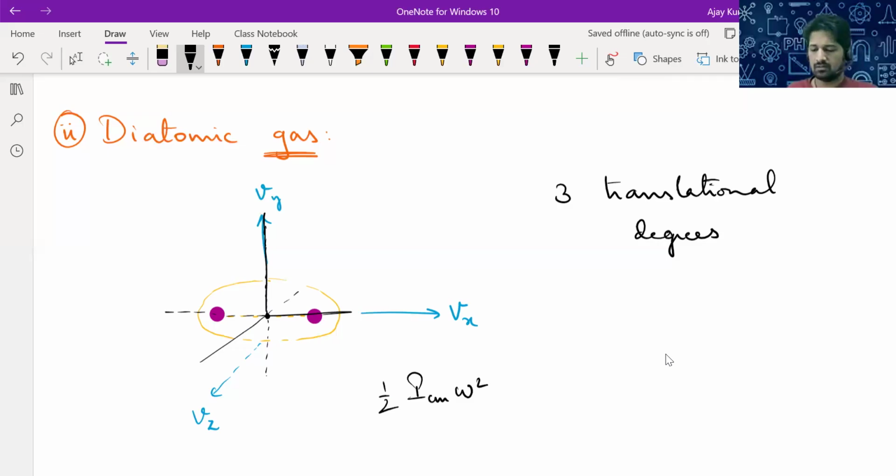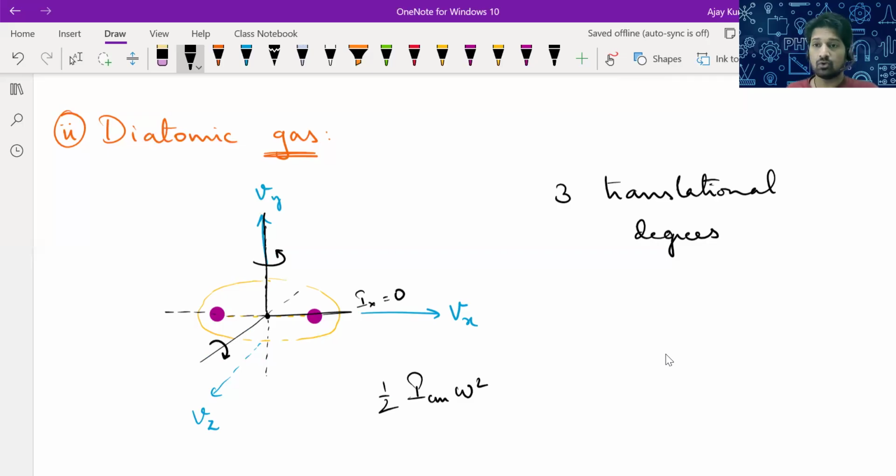You can see that x-axis is the axis on which these two particles are lying. So about x-axis, its moment of inertia will be zero. If particles lie on the axis, they won't contribute to moment of inertia. But about y-axis, there will be non-zero moment of inertia. About z-axis also, there will be non-zero moment of inertia.